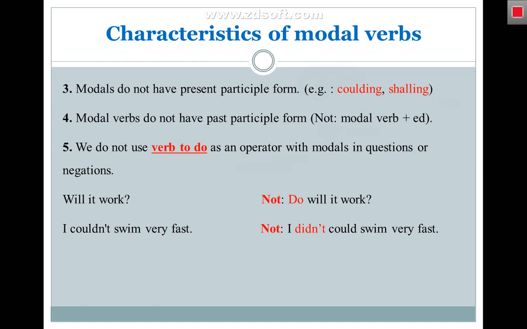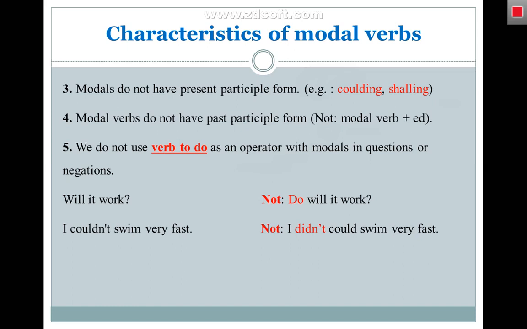Five: we do not use the verb to do as an operator with modals. If you want to negate one of these modal verbs, you do not bring the verb to do as an auxiliary, because these modal verbs are already auxiliary verbs. So if you say "Will it work?", you do not say "Do will it work?".